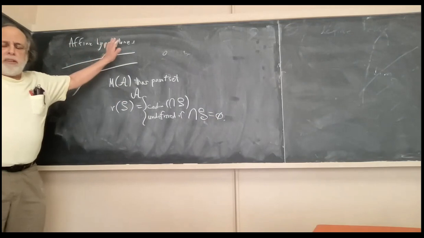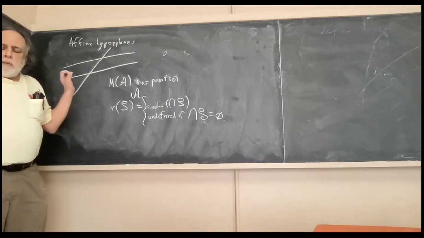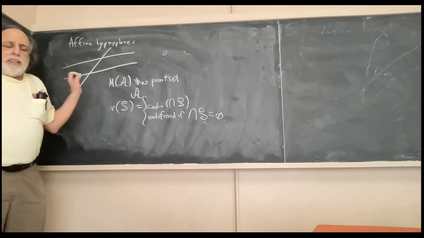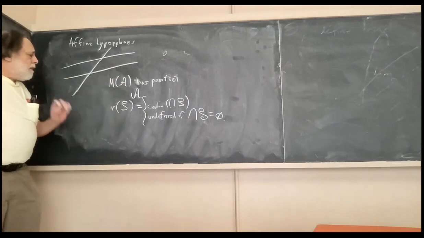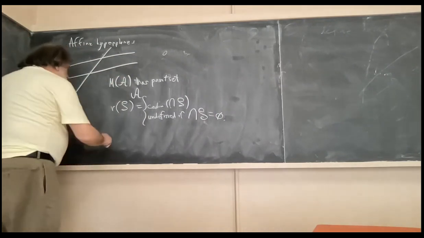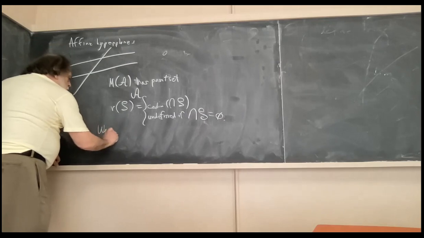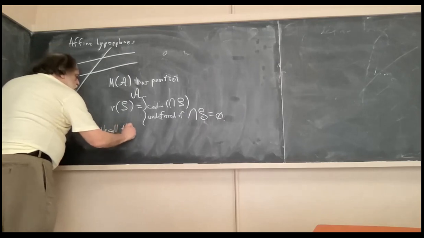You won't run into empty intersections if all your hyperplanes go through the origin, and then you'll just have a nice matroid. But what we really want is, we call this a semi-matroid.